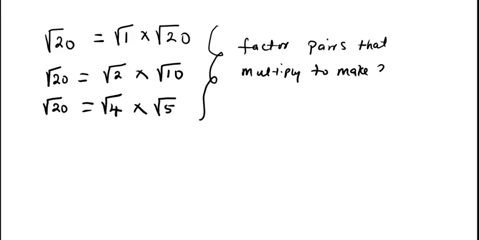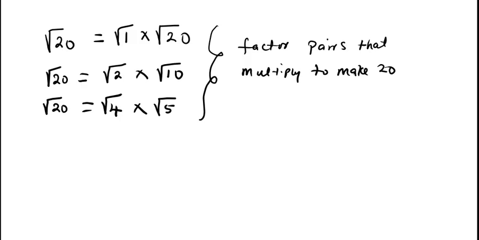But there's one interesting thing about this. Whenever you are simplifying surds, please take note of that. Please look out for a factor pair where one of them is a square number. And also try to find the largest square number.